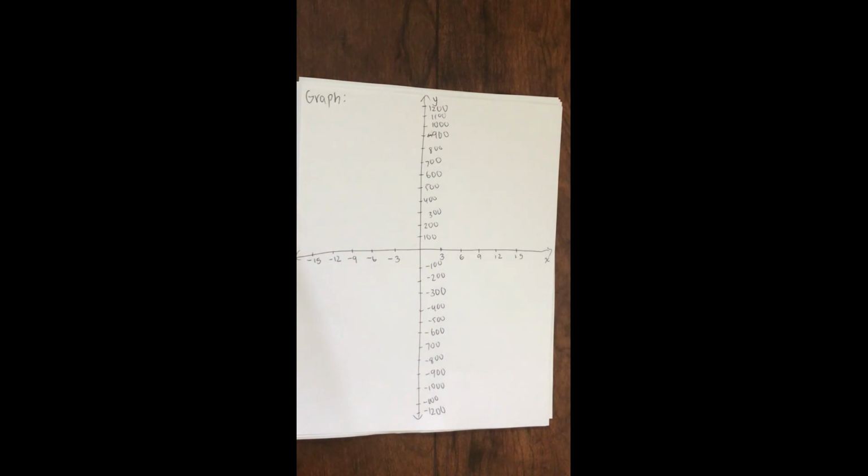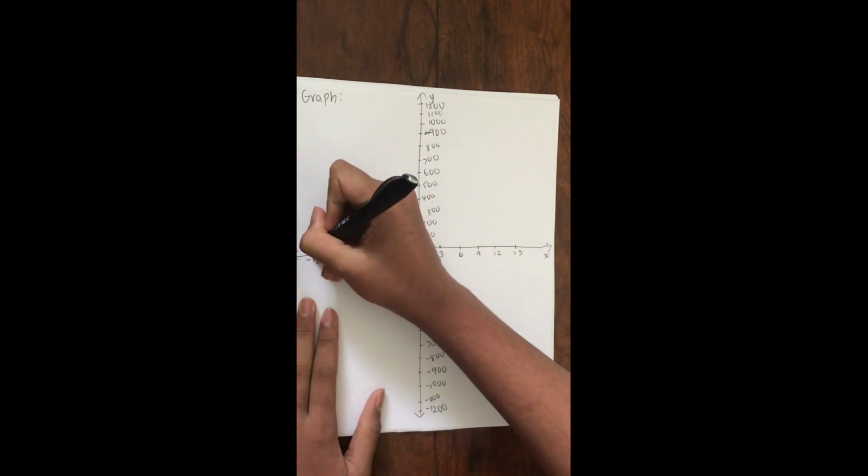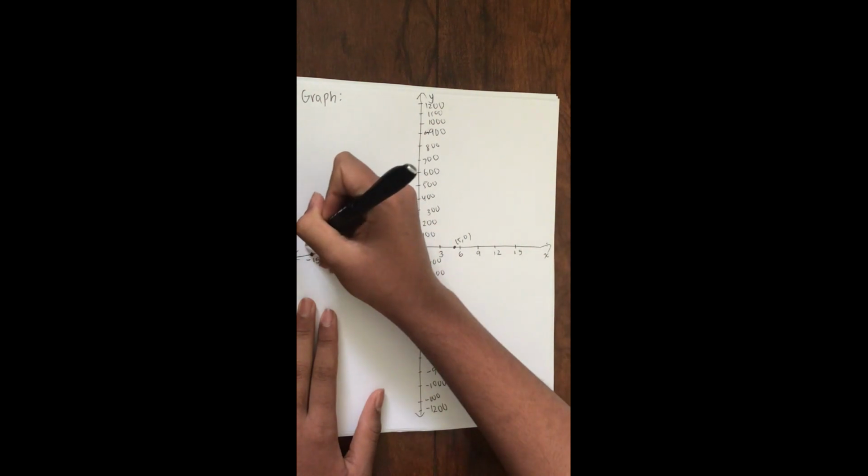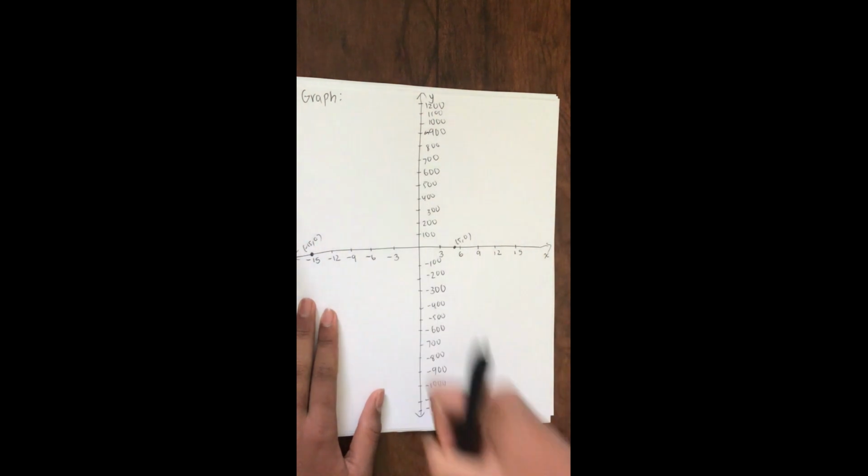Alright, so now we have our points for the graph. Now it's time to graph the function. So our zeros are 5 and negative 15. So that's over here, this point. And 5 is about over here. So that's 5 comma 0, negative 15 comma 0.